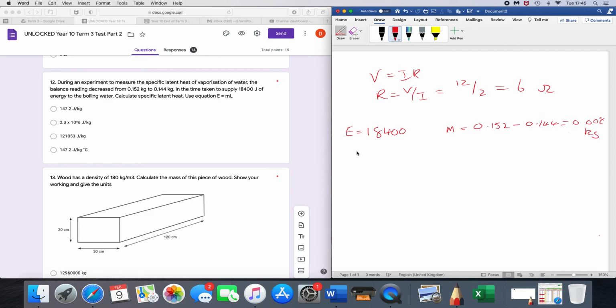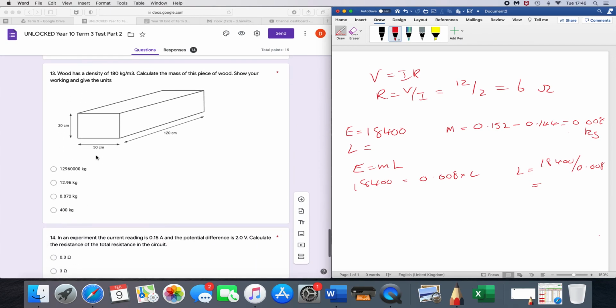And we want to know L. We know that E equals ML, we're told that here. So we've got 18,400 equals 0.008 times L. So L then is 18,400 divided by 0.008. And if you do that, you'll get 2.3 times 10 to the 6, 2.3 million.